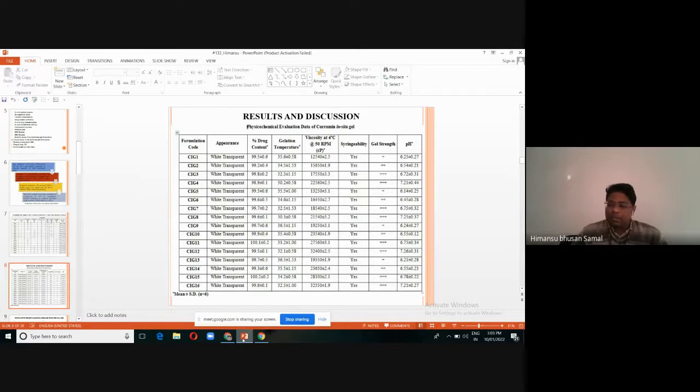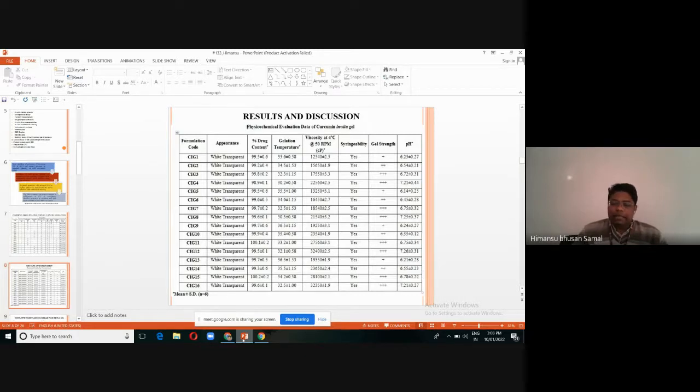The gelation temperature was found to be 30.2 to 36.5. The drug content is uniform in the gel formulation, in the range of 98.9 to 100.2%. The viscosity of the gel formulations was found to be 12,540 to 32,400 CPS at 25 degrees Celsius.